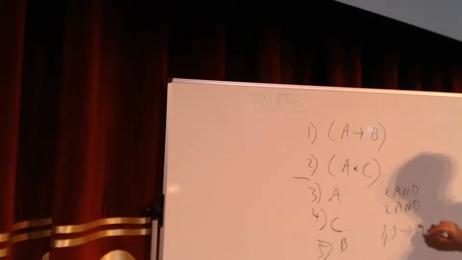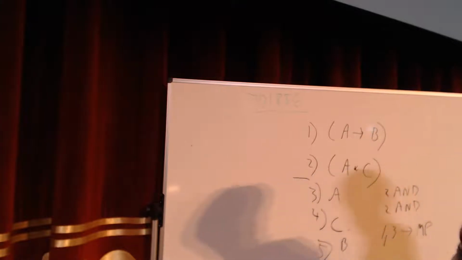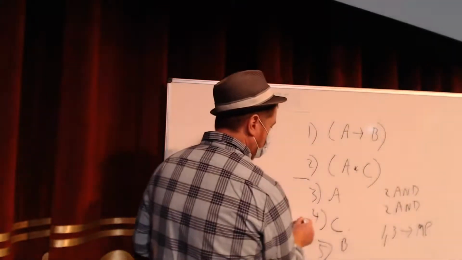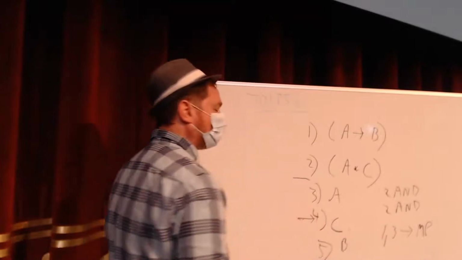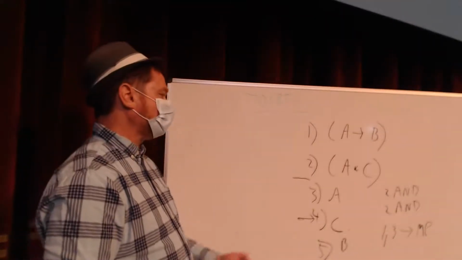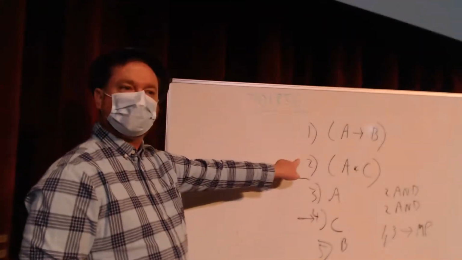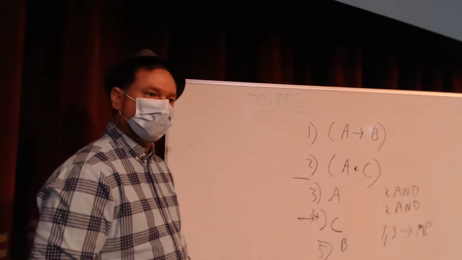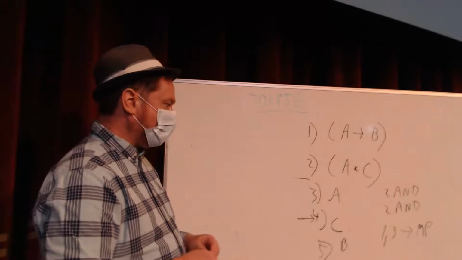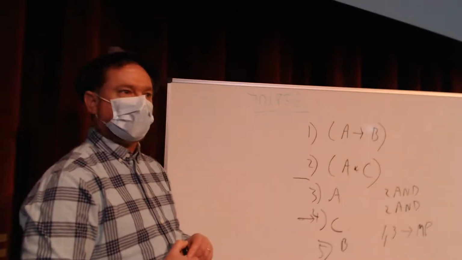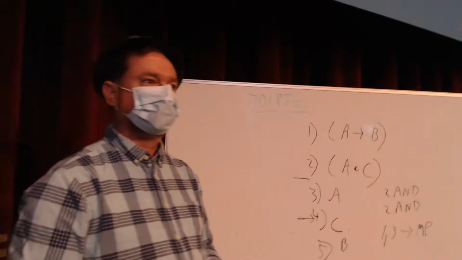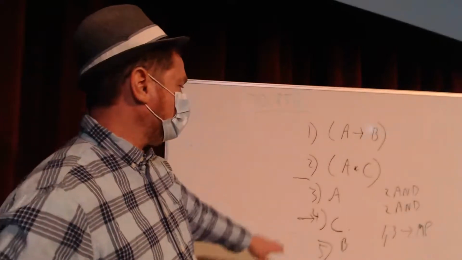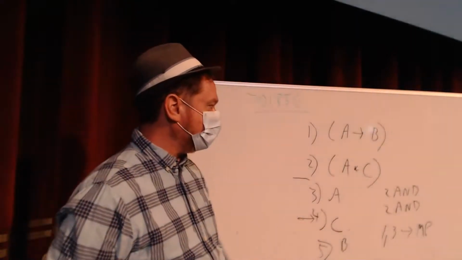Modus ponens, for those of us keeping score. And note, in this case, we have a line that we never used. We never used 4. But you should still get both halves of that AND out when you do the AND, even if you're not sure you're going to use both. Just as a matter of habit, it's a best practice, because it's better to bust it out and then not need it.